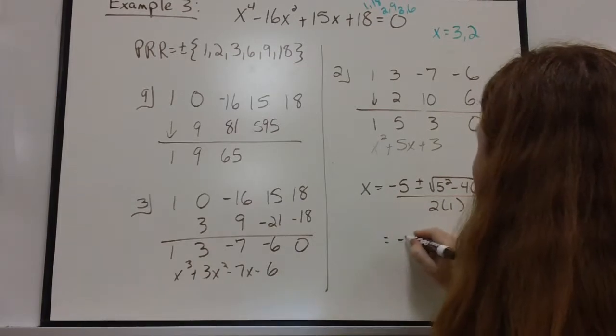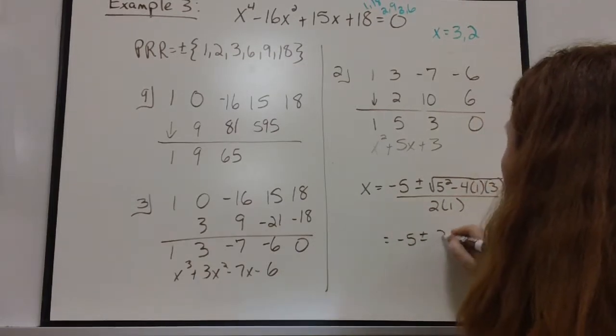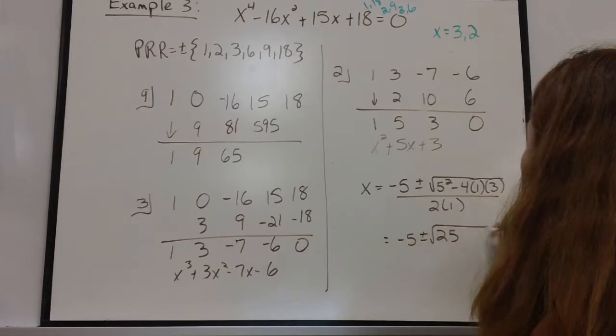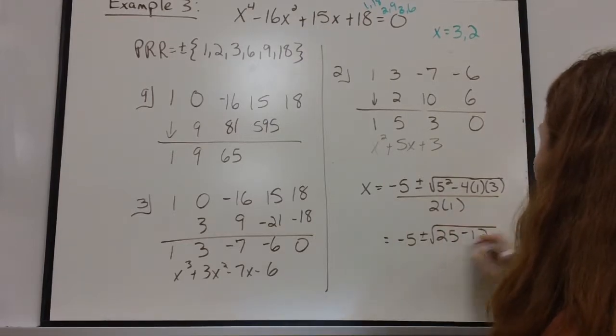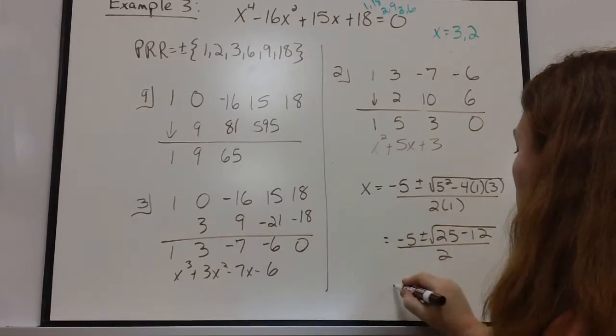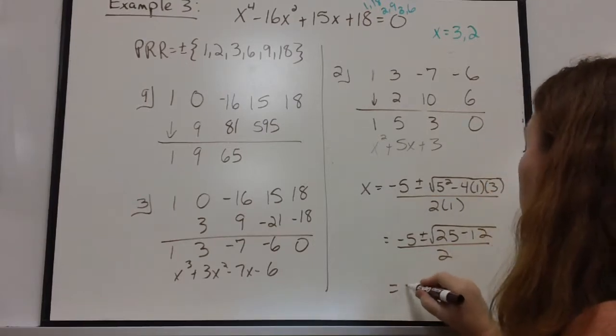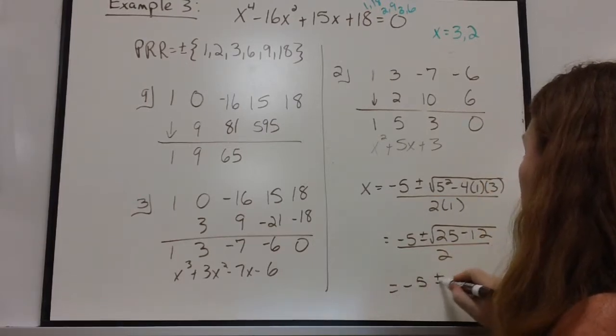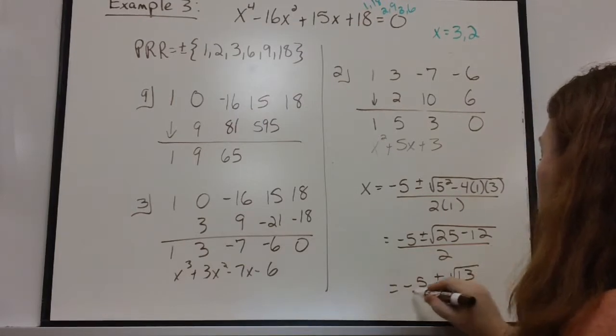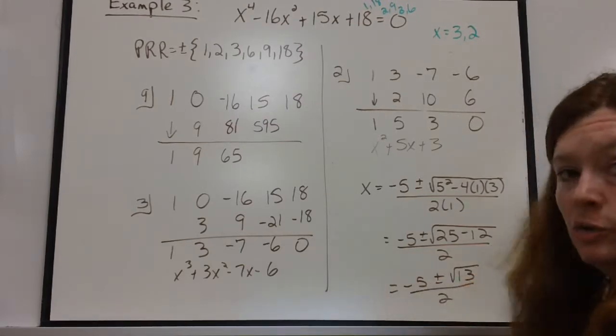Negative 5 plus or minus the square root of 25 minus 12, all over 2. My other two solutions are negative 5 plus or minus the square root of 13 over 2.